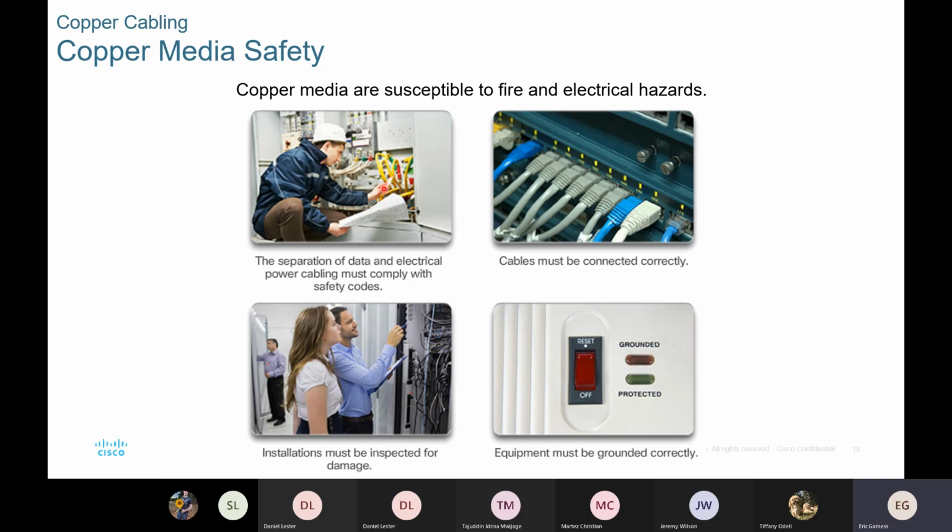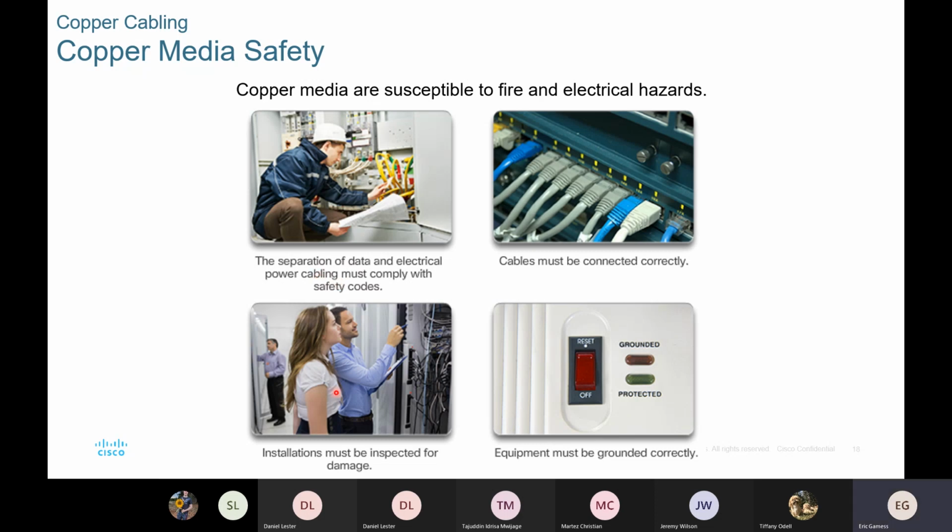If you run them in the same canal as the data cable, the electrical cable will induce noise in the data cable. So you need 2 different canals. You need a canal where you put the electrical cable and a different canal where you put the data cable. And you need to separate these canals with a certain space, like 10 centimeters. You should do that, no? If you want a high quality network.